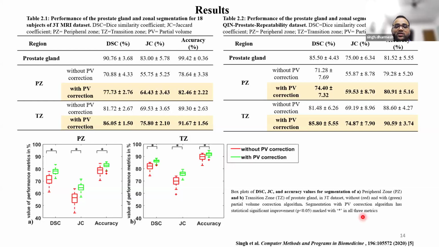These are basically our segmentation results. The first table shows the performance of segmentation on the 3D MRI dataset, and these are for the open source dataset.